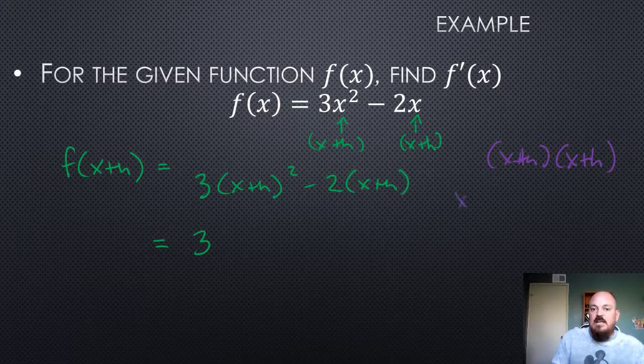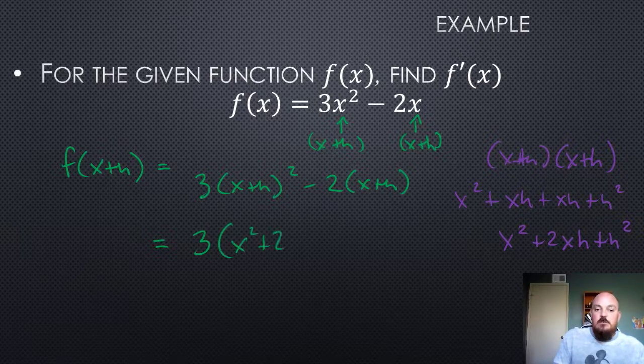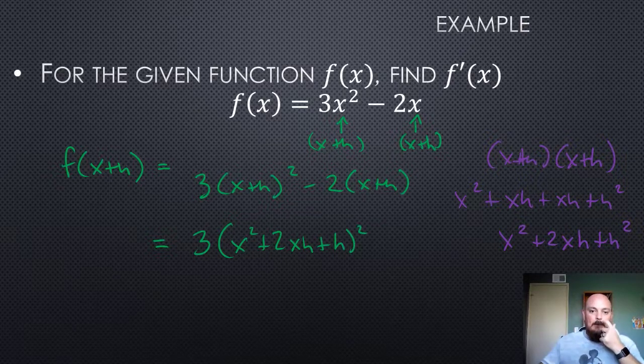You FOIL it out. You get x squared plus xh plus another xh plus h squared. Then you can combine those two terms in the middle. You get x squared plus 2xh plus h squared. So that is what's going to go right here: x squared plus 2xh plus h squared. And I'll leave the next one for now.